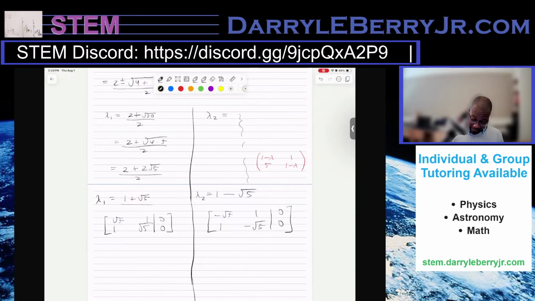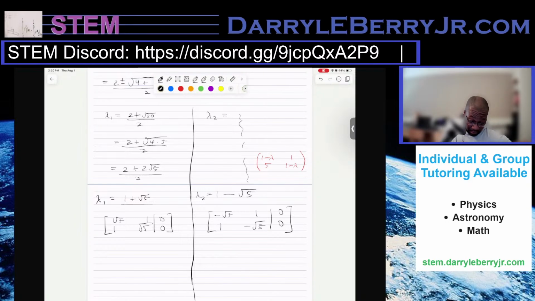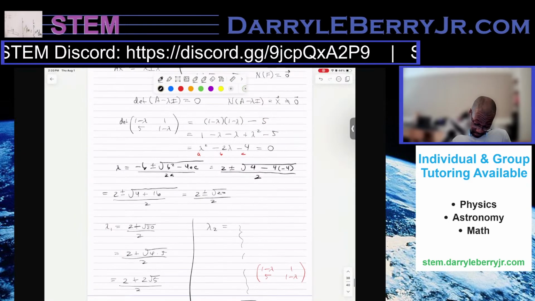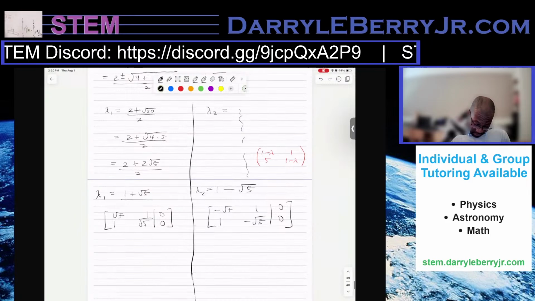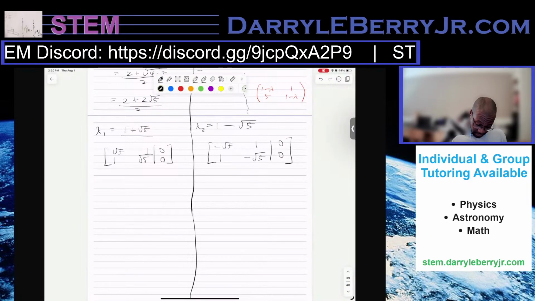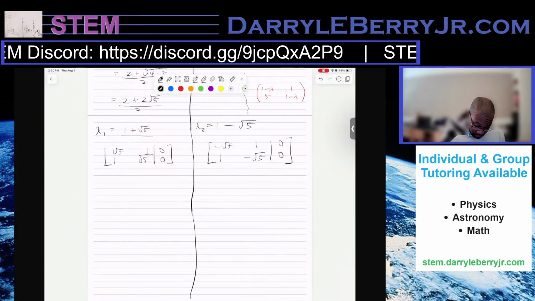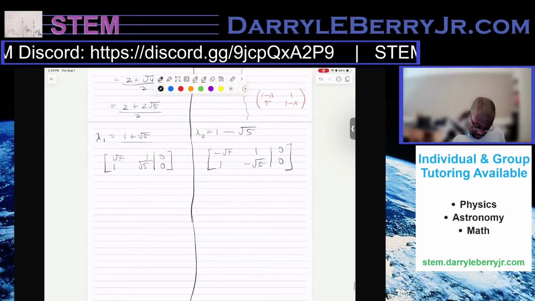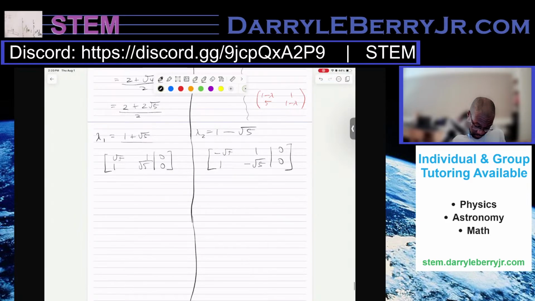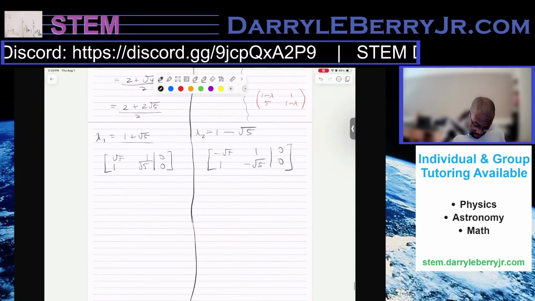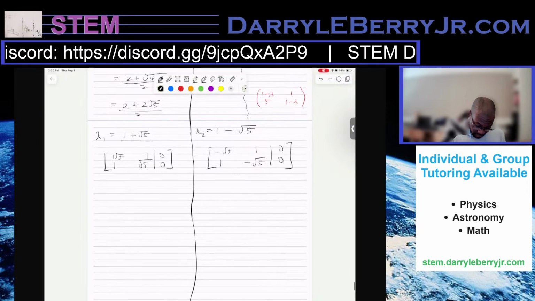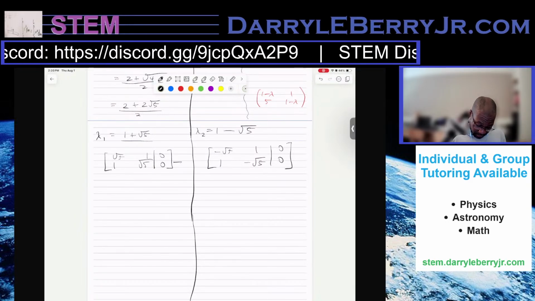All right, so now all we have to do is solve for x. And we know that this whole thing is equal to 0. So what we can do is take any row. 1 is here.